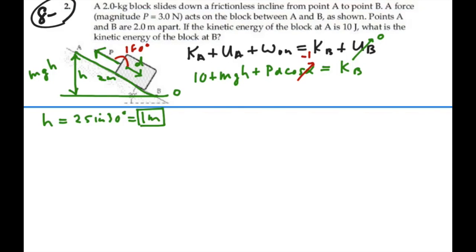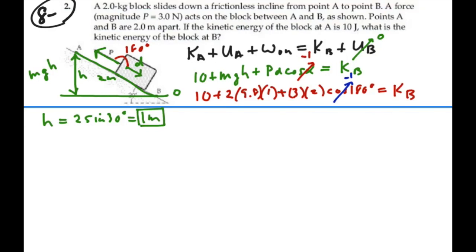So this alpha that I've written here is 180 degrees, and this cosine then of alpha is going to be -1. So now we have that 10 plus 2 times 9.8 times 1 meter plus P, which is 3 newtons. The distance D is going to be 2 meters. And we'll just write this in. Cosine of 180 degrees is equal to the kinetic energy at B. Alright, so cosine of 180 degrees is -1.